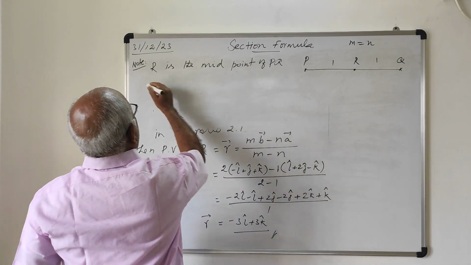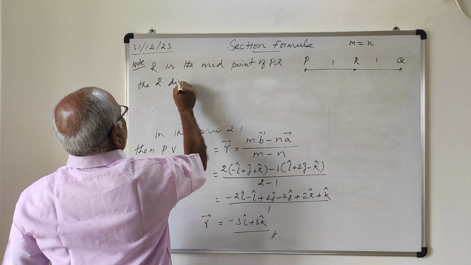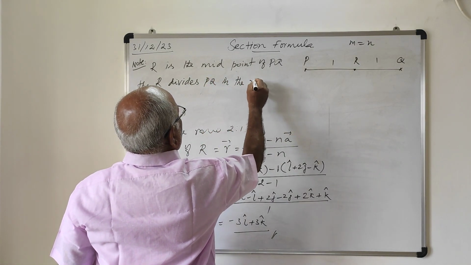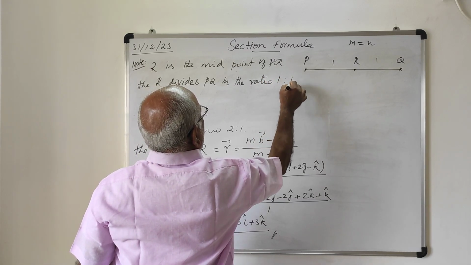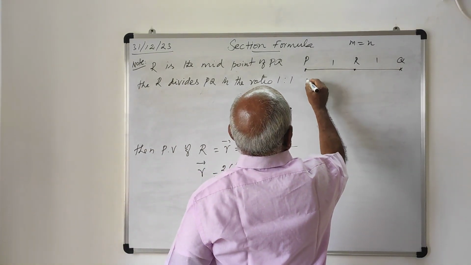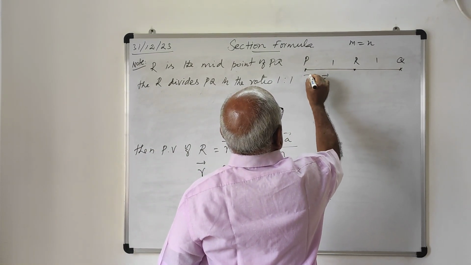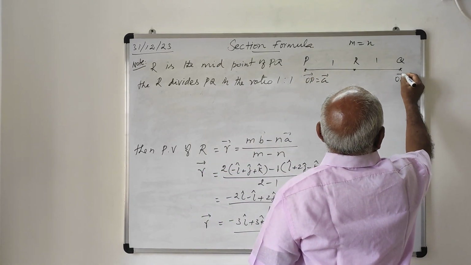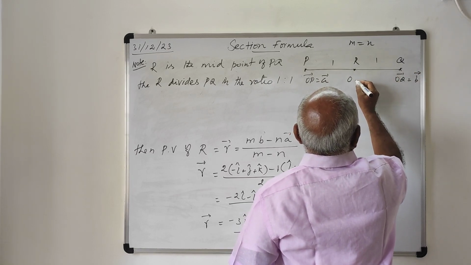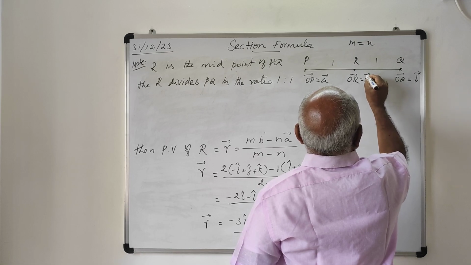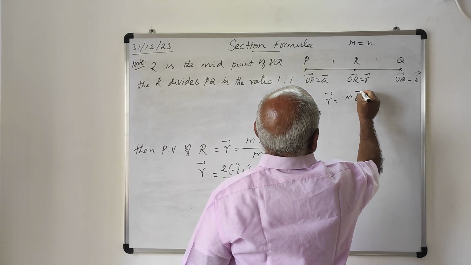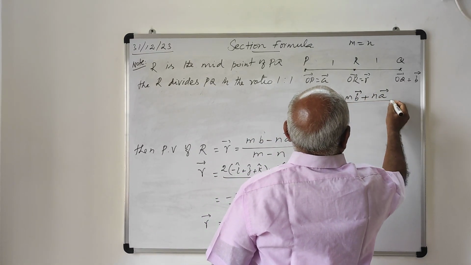If R is the midpoint of PQ, then R divides PQ in the ratio 1 is to 1. The position vector of OP is A vector, and the position vector of OQ is B vector. The position vector of OR is R vector, so R vector equals (MB plus NA) by (M plus N).